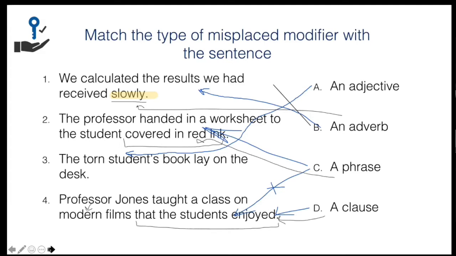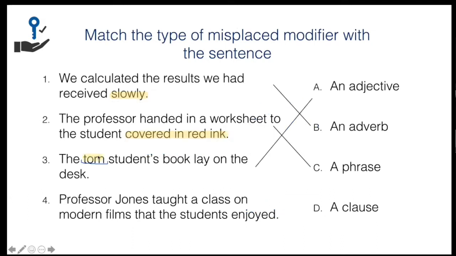Number two, yes, and it is C. It's a phrase. "Professor handed in a worksheet to the student covered in red ink." That's a phrase, and it looks like the student was all covered in red ink. Obviously, we're talking about a worksheet, right? Not the student. Torn, yes, thank you. That's an adjective.